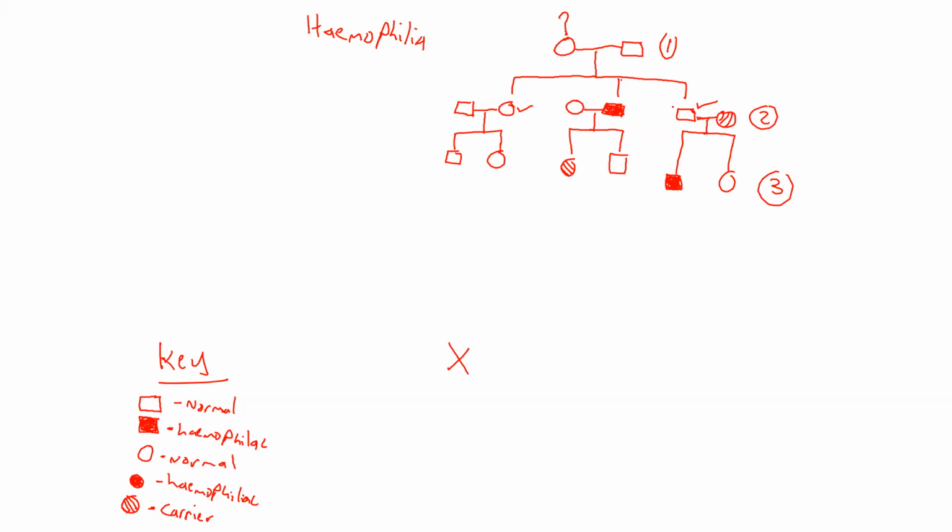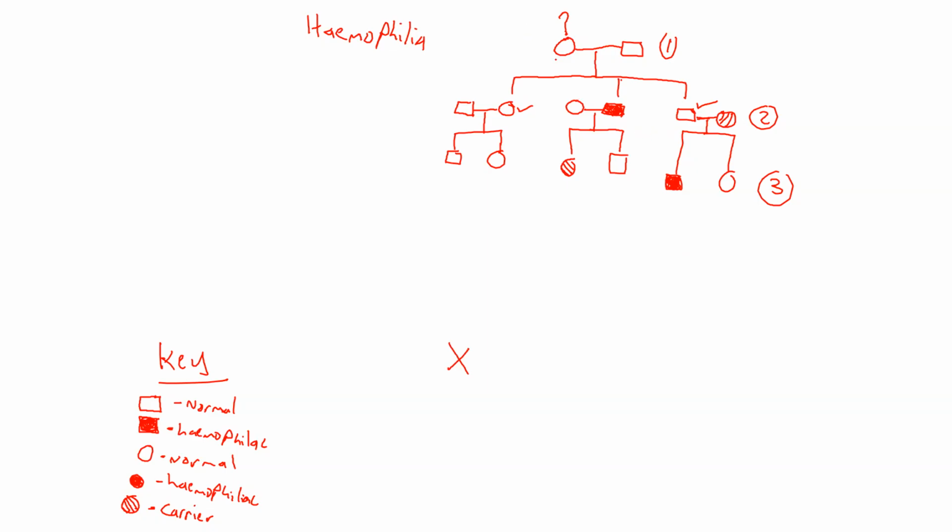And since one of the sons is not a hemophiliac and one of the sons is a hemophiliac, it means that hemophilia can't be passed on the Y chromosome because both sons have the same Y, right? But one of them has hemophilia and the other one doesn't.